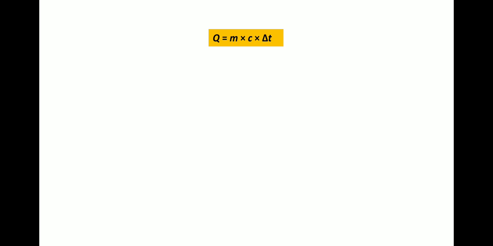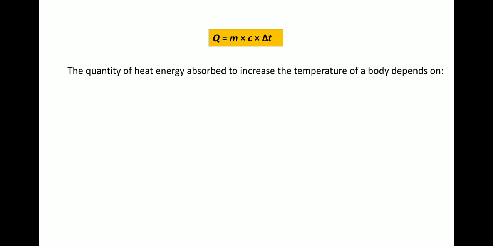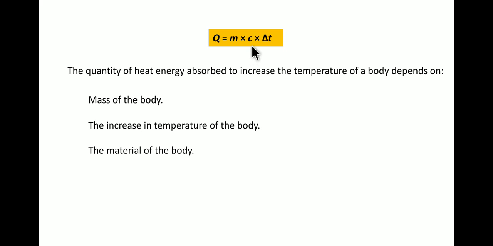With this formula we come to know that the quantity of heat energy absorbed to increase the temperature of a body depends on, number one, the mass. More the mass, more will be the heat energy required. Next, it depends on the increase in temperature of the body. And also it depends on C, the specific heat of the body.